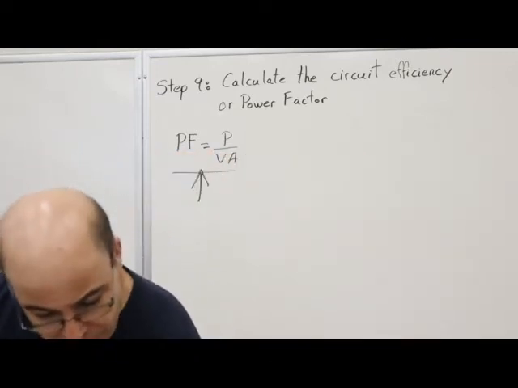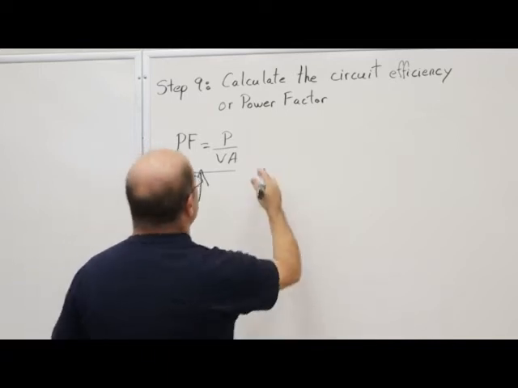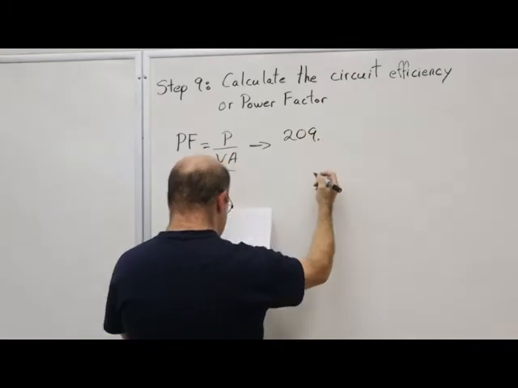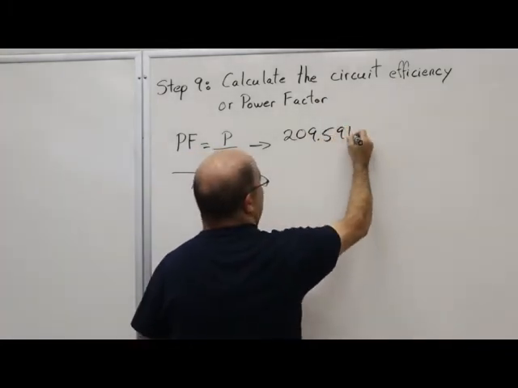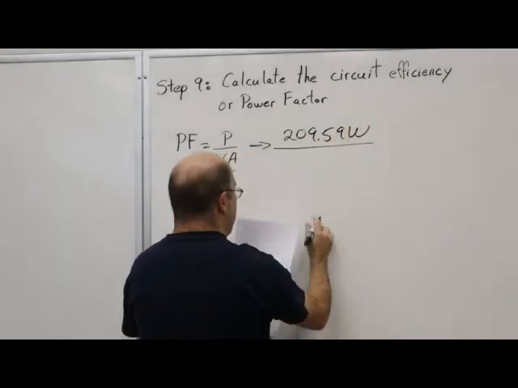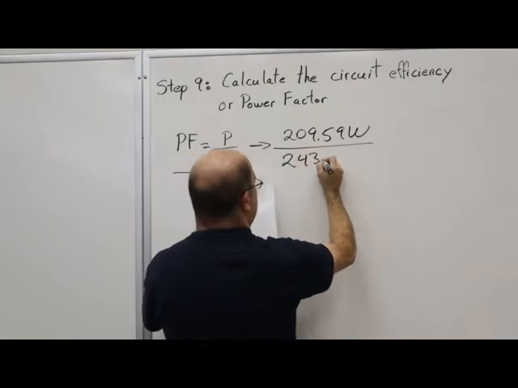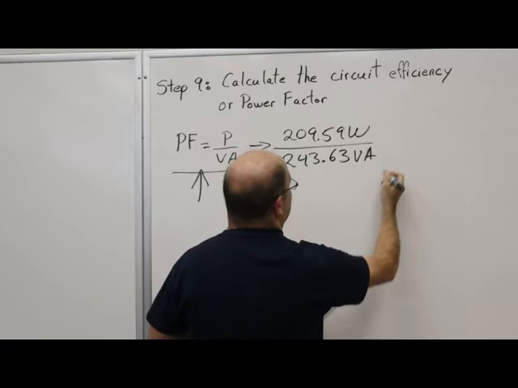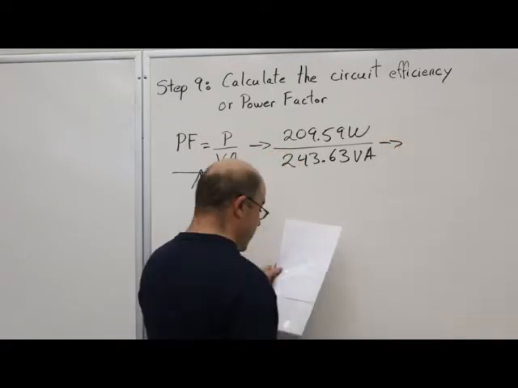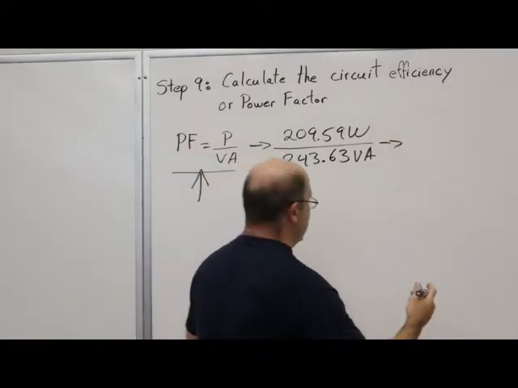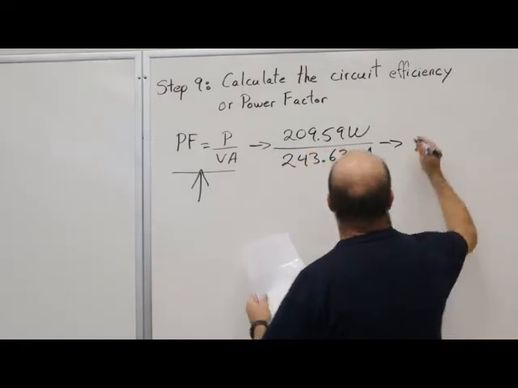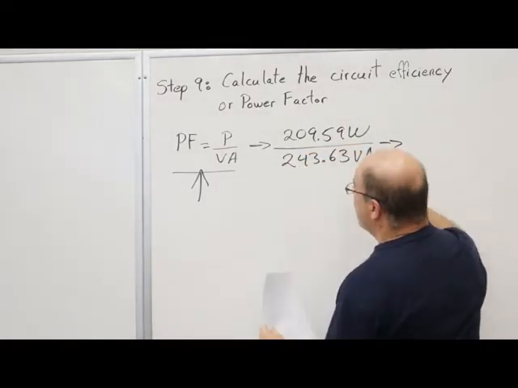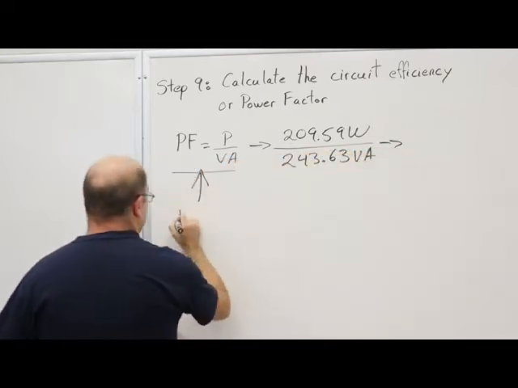So what were our values? Well, 209.59 watts divided by 243.63 VA. As a result, you're going to get this long number. Let's see here. We'll write it over here.